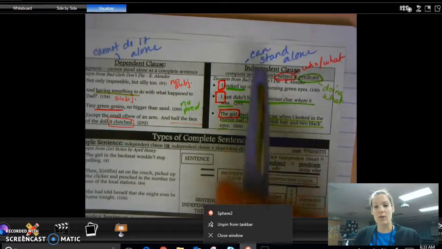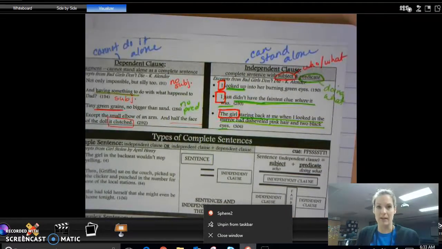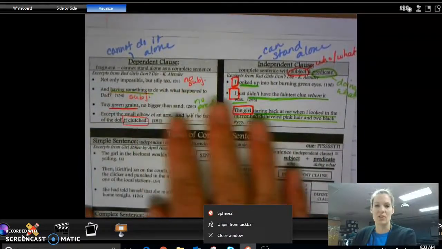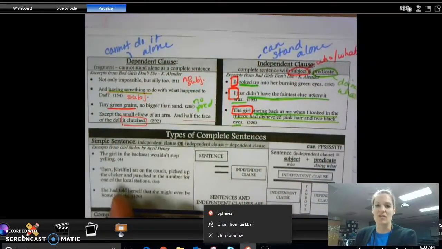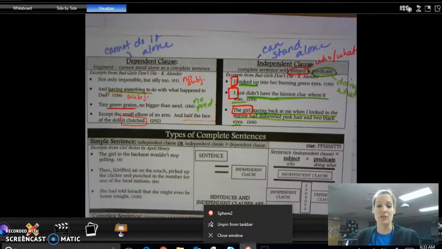Independent clauses, however, are complete sentences because they have a subject, the who or the what, and a predicate doing what. Okay, so make sure that the top of yours does look similar to this. Hopefully you have two colors so that you can mark the subjects and the predicates just to have that basic understanding of a sentence.